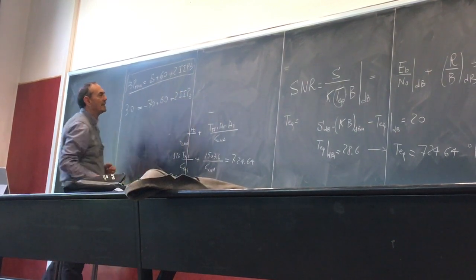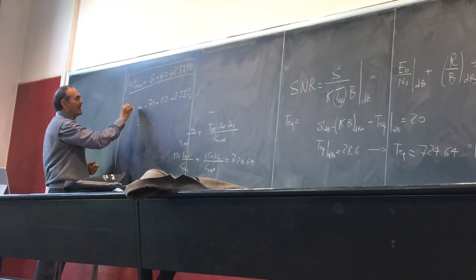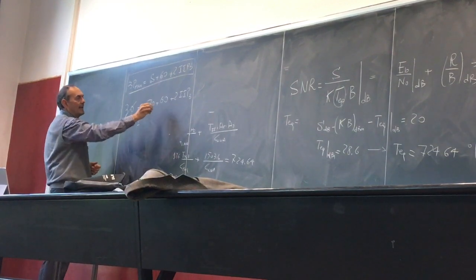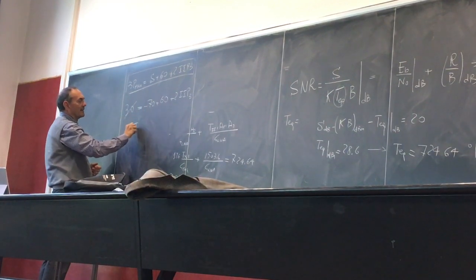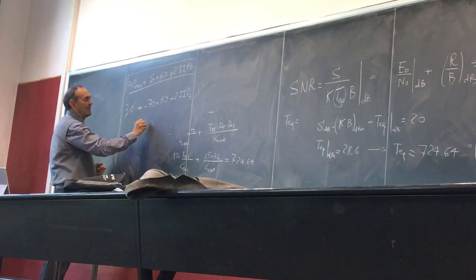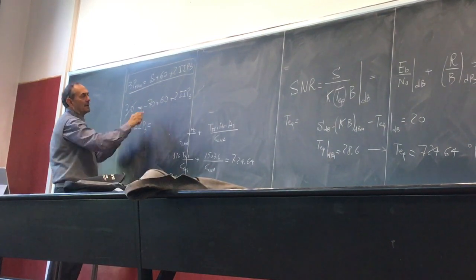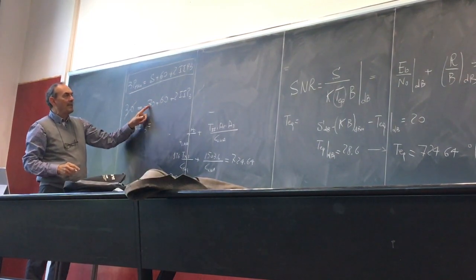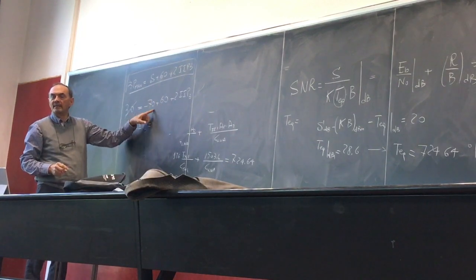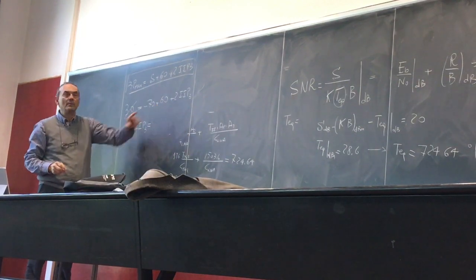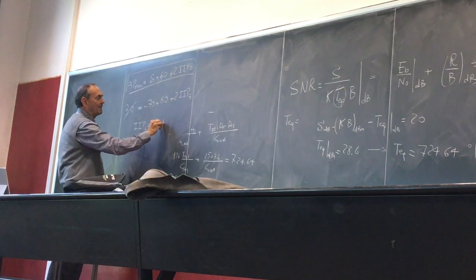Okay? What we get is then, here is 0, that IIP3 is given by minus 70 plus 60, which means minus 10, divided by 2, so minus 5 dBm.